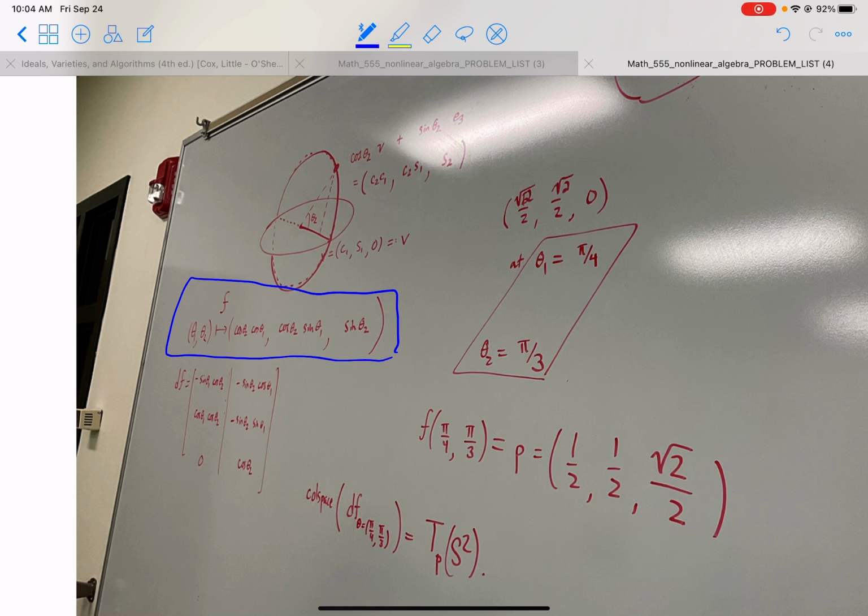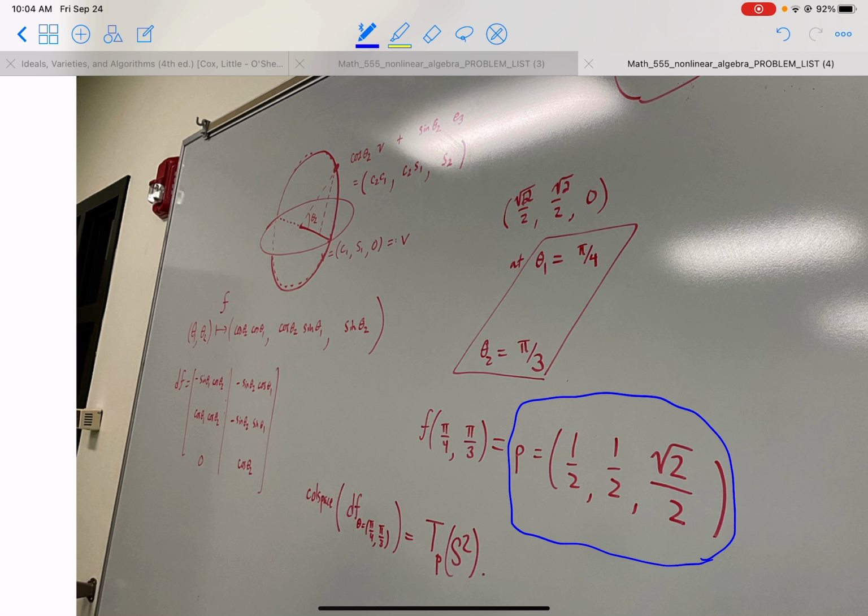And then I had to figure out how I got this, because the problem wanted me to do this specific point, 1/2, root 2 over 2. So I had to think about my parametrization and then think about the unit circle, just the unit circle, not the unit sphere, to get the right angles. And I think it's these two angles that would give me the correct point. Then I took the derivative.